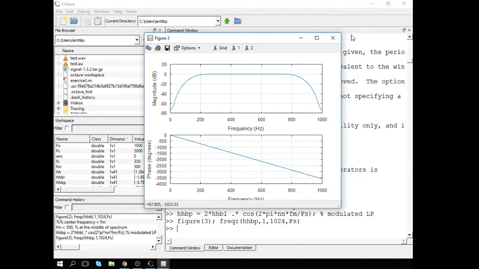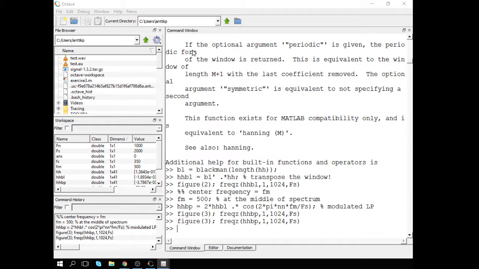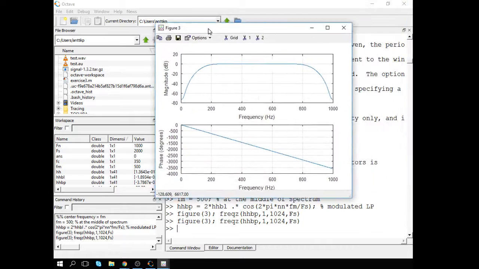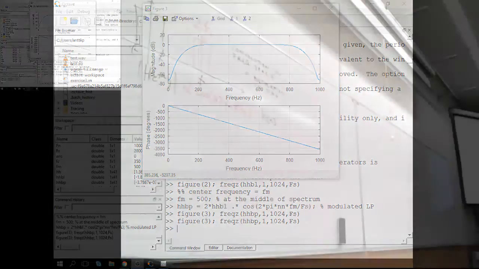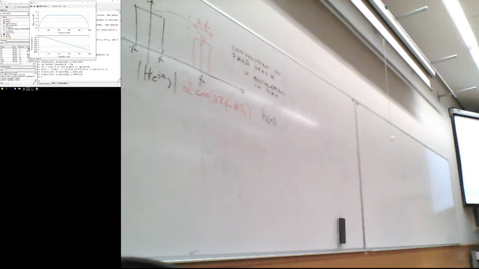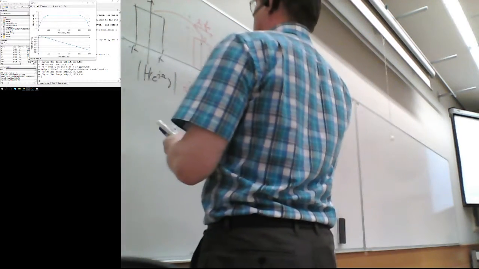The easiest transformation, a low pass to high pass transformation, actually would be the next one. So, why did I actually close that? Let's put it back. Low pass to high pass. Exactly the same picture.